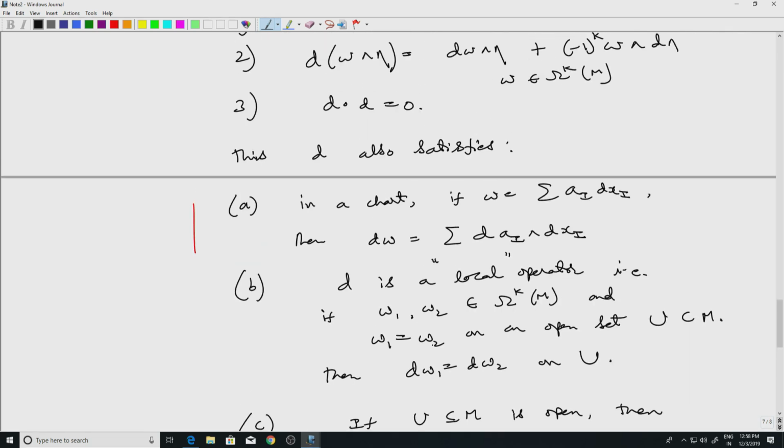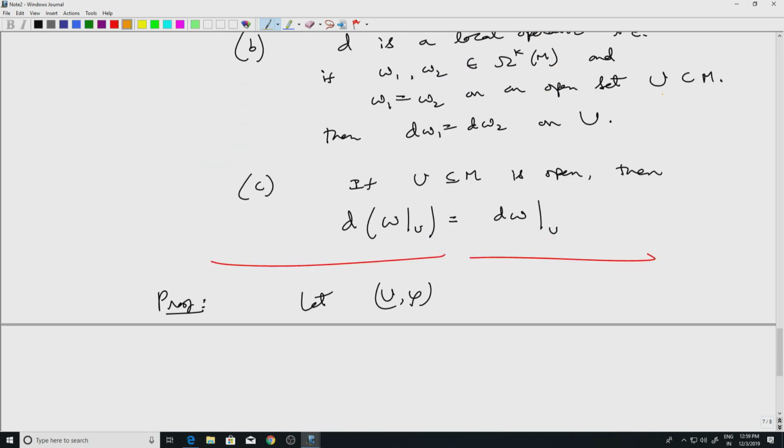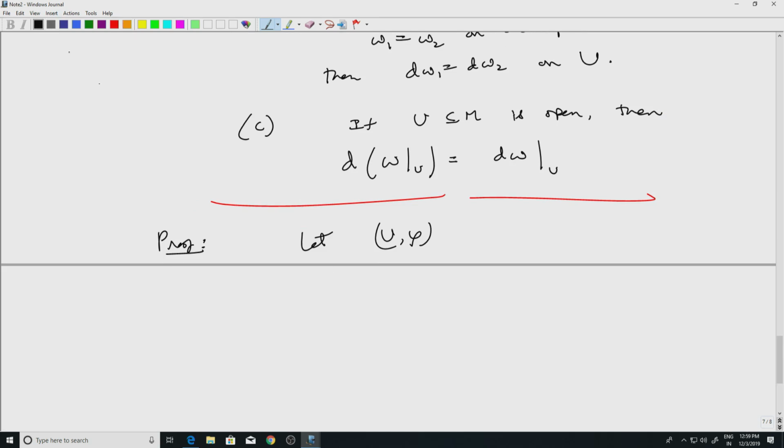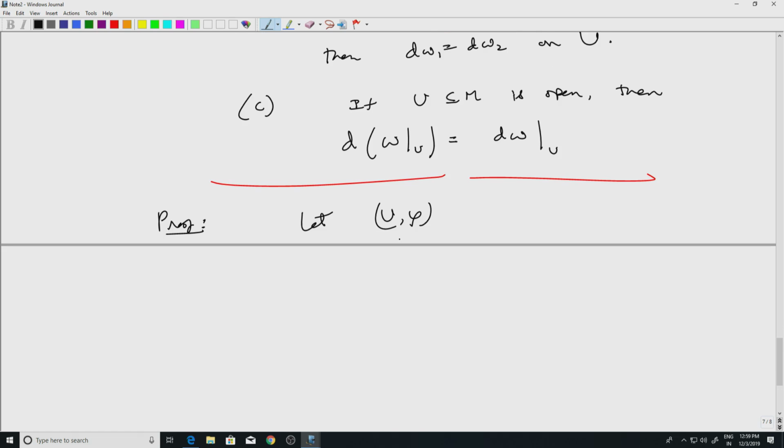But of course I have to show that this expression is independent of the chart. If I use a different chart, I should write down a similar expression, and that expression should actually be equal to this. Then this would be independent of the chart and we have a well-defined D. So what I do here is, let's start with a chart.